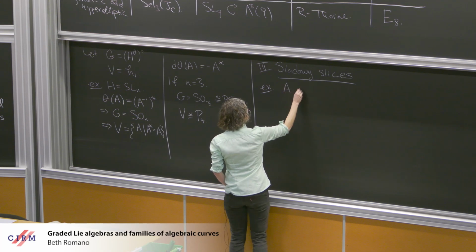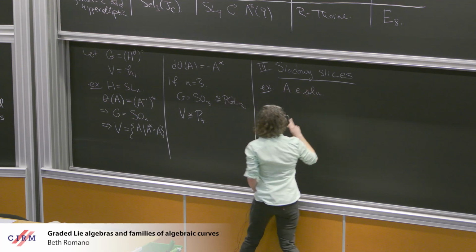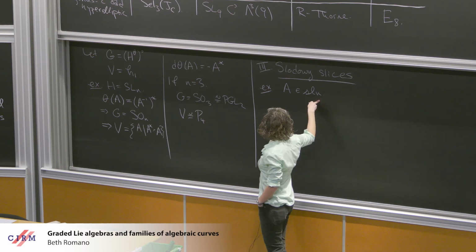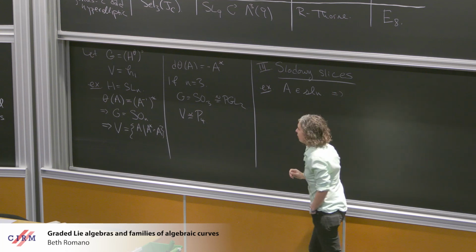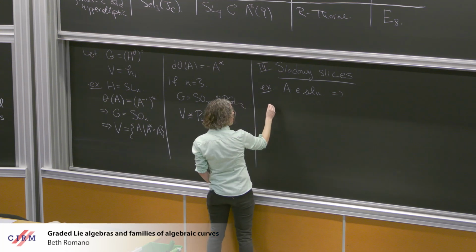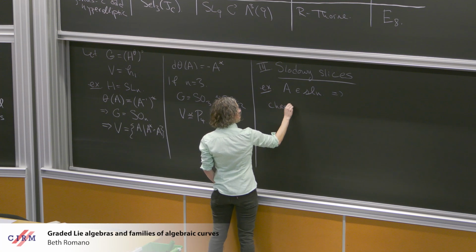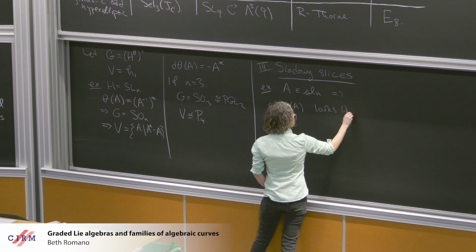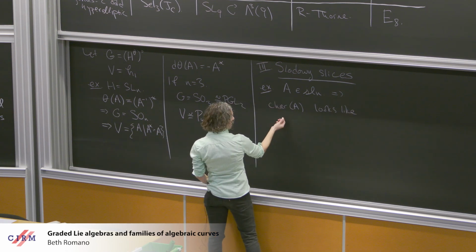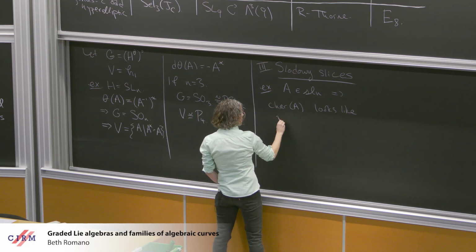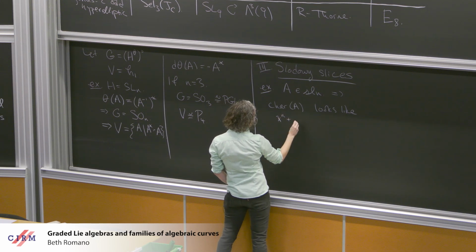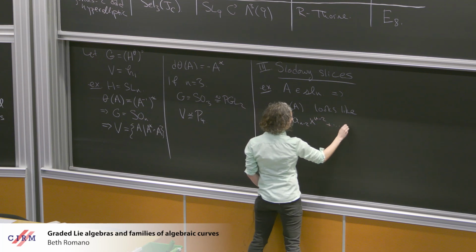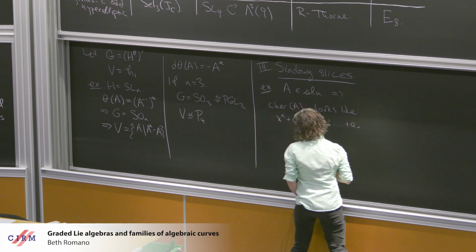If you take a matrix A in SLN, so this is traceless n by n matrices, and look at the characteristic polynomial of A, it's a degree n polynomial with no trace: x to the n plus a_{n-2} x to the n minus 2, down to a_0.